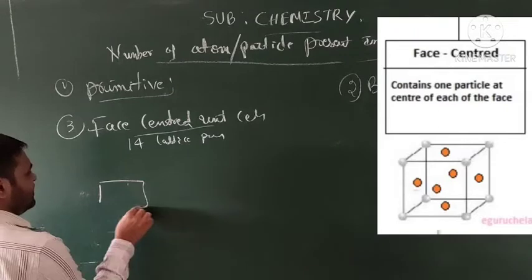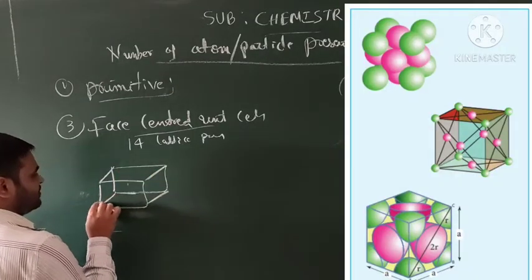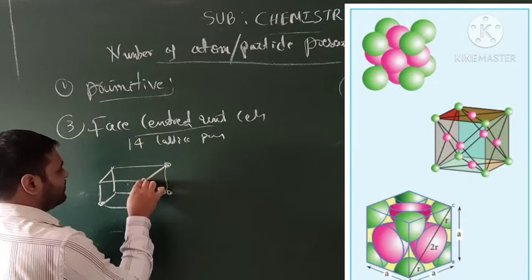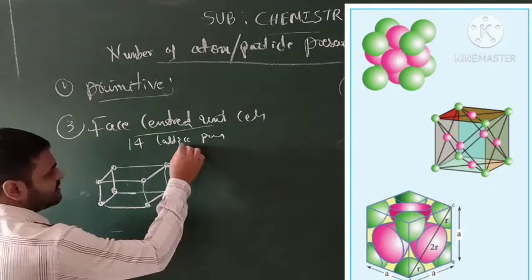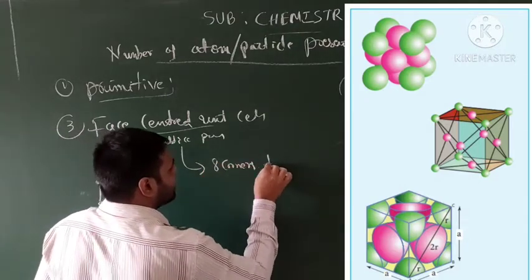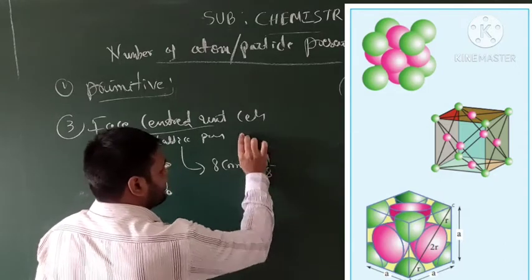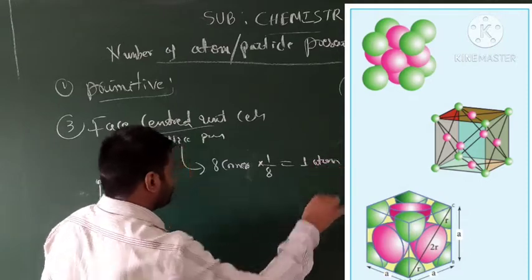Let me show it. This is one cube we have taken. This is 1, 2, 3, 4, 5, 6, 7, 8 corners. 8 corners means 1/8 into 8, which equals 1 atom present.